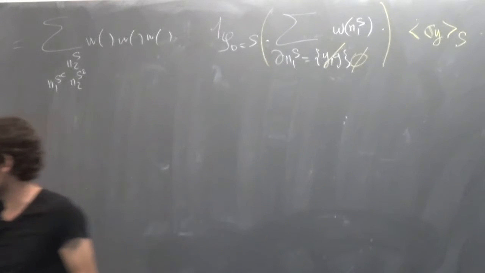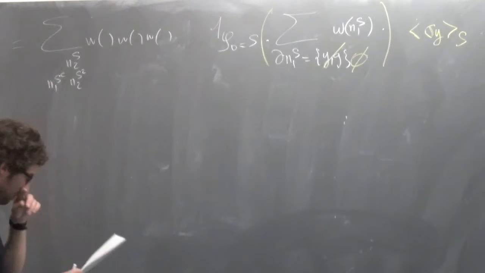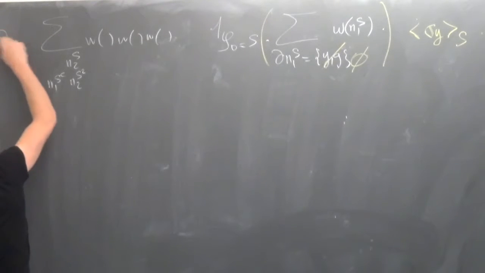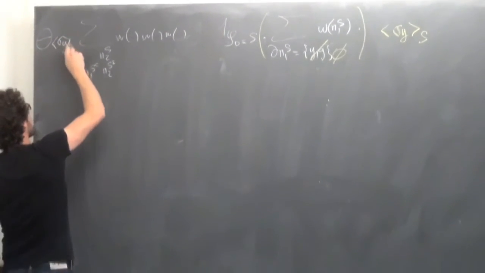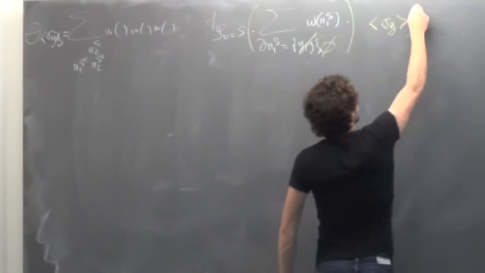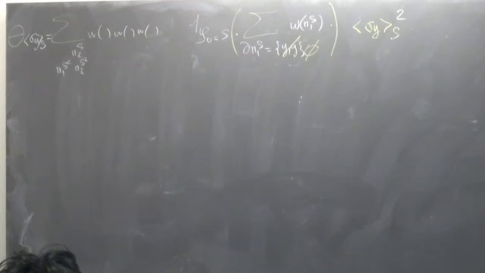So I just do that. Good? So this was theta. Now let's multiply theta by sigma y s. What do I get? I get a square here.